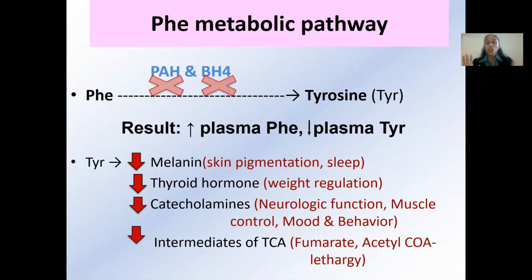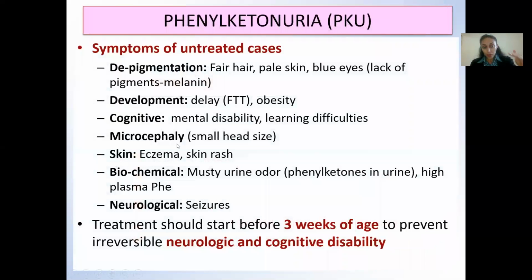You're having these symptoms because they are actually related to the production, the availability of tyrosine, and the presence of high phenylalanine. So over here again, just to summarize these symptoms, yes, you have depigmentation, and now you know why. It's because of low melanin synthesis. Therefore, you have pale skin, fair hair, etc.